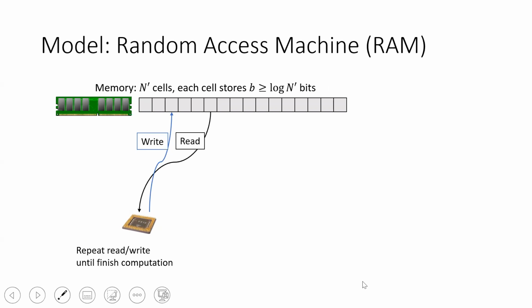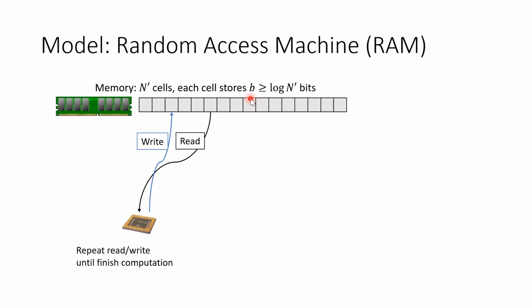So let me start with the standard random access machine model, or RAM model. In the RAM model, we consider an array of memory cells. Each memory cell has roughly log n bits, and in this talk, we fix the parameter b for the number of bits in each memory cell.